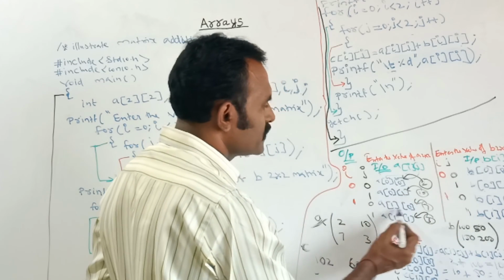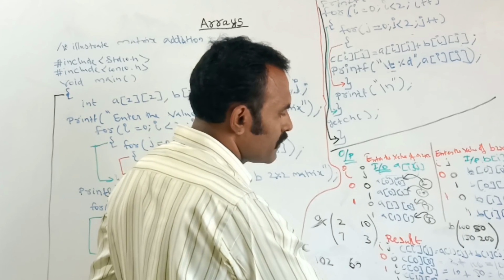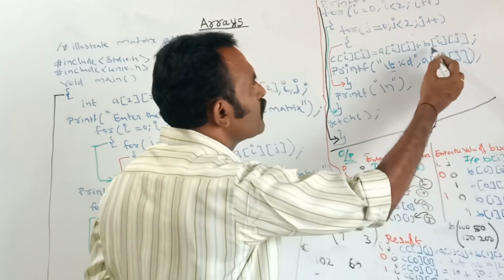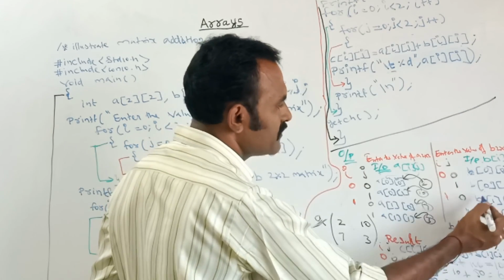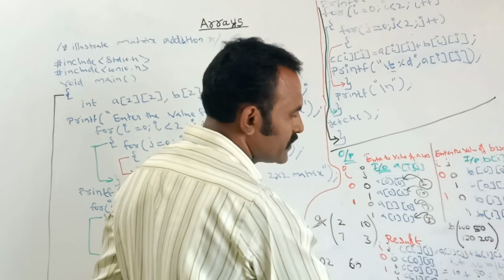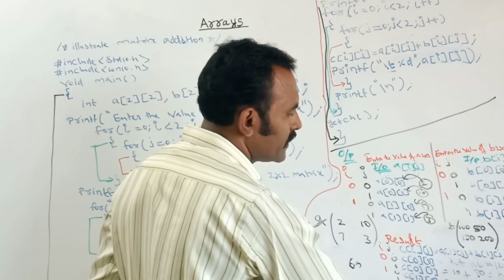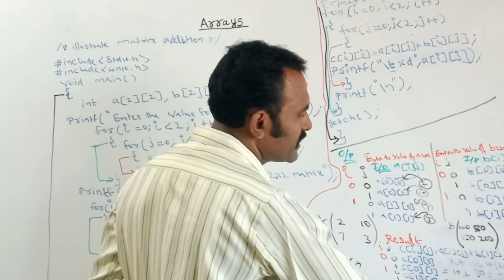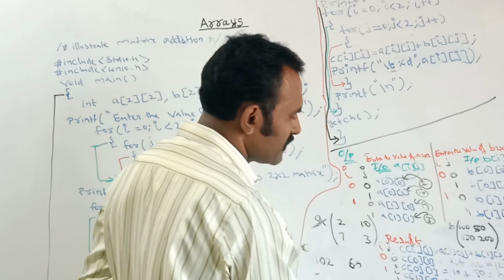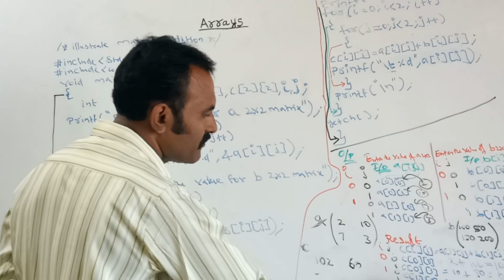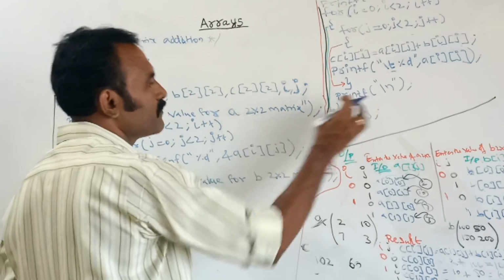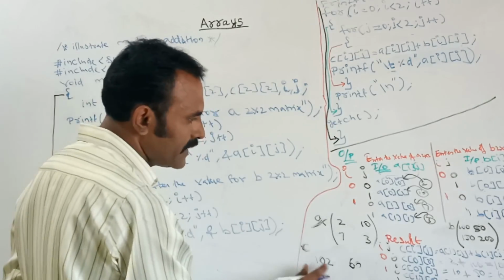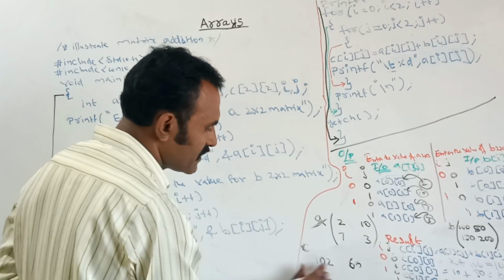It is 7, plus b of first row 0th column. What is b of first row 0th column? Value is 150. So 150 plus 7, 157. So this 157 will be stored to c of first row 0th column. So now the cursor is here, because I am printing the result, that is 157 here.